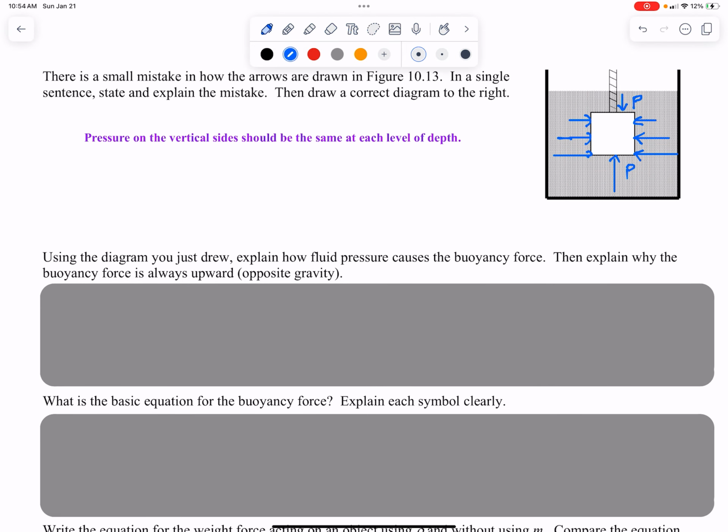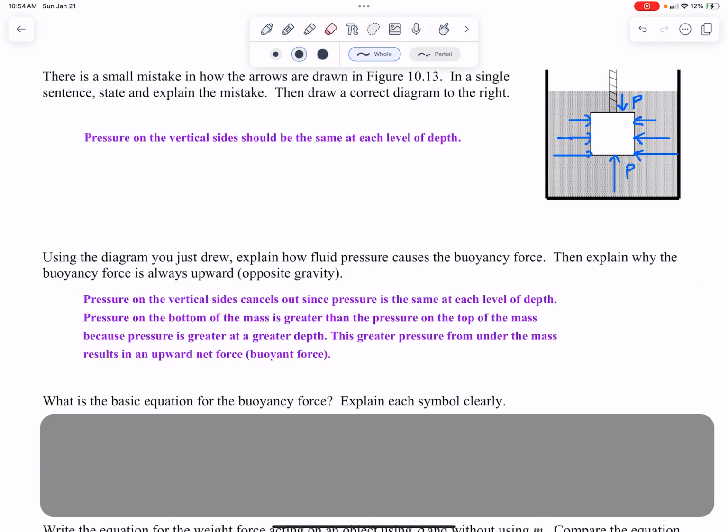Using a diagram that you just drew, explain how the fluid pressure causes buoyancy. Well, we just explained it, so let's articulate it in words. Pressure on the vertical sides always cancels because pressure at depth is the same at each level of depth. The pressure on the bottom of the mass is greater than at the top of the mass because pressure is greater at a greater depth.